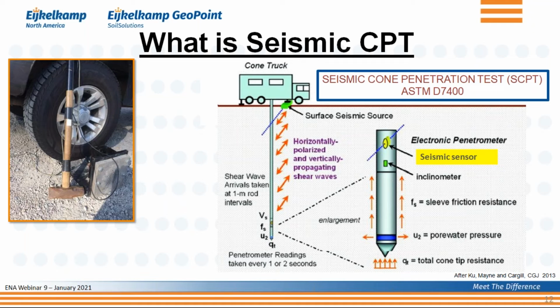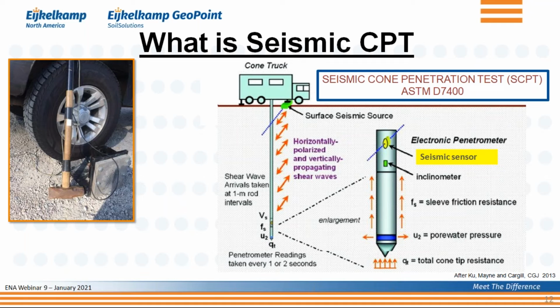You do that at the surface by hitting a plate, whether it's under one of the hydraulic legs, as you see in the graph, or underneath a tire of a vehicle in the area, about up to 20 feet away.